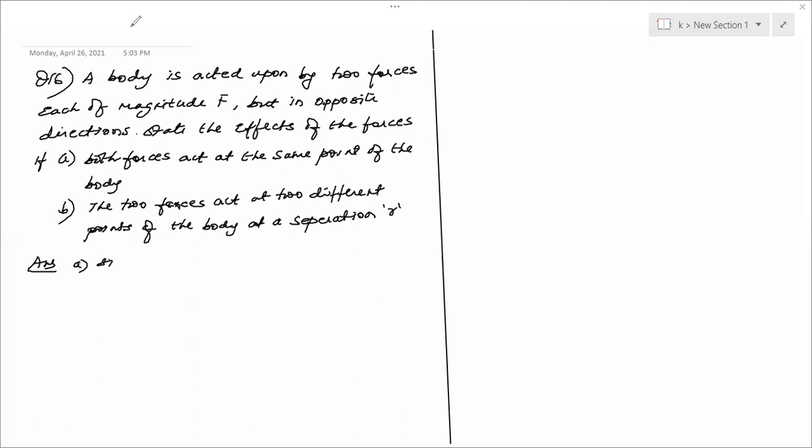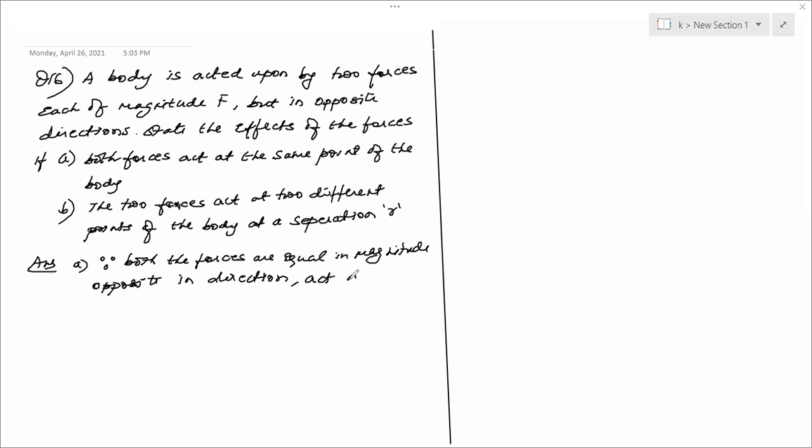So the result: since both the forces are equal in magnitude, opposite in direction, and act at the same point on a body, hence they cancel each other.